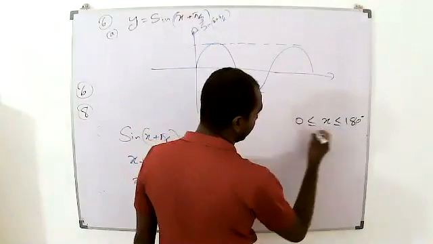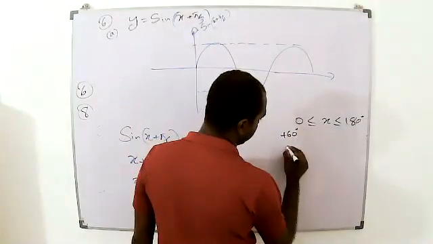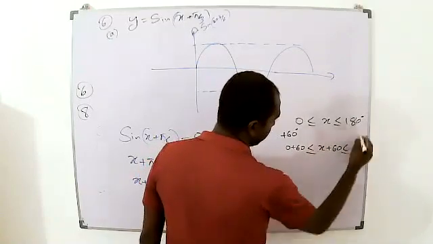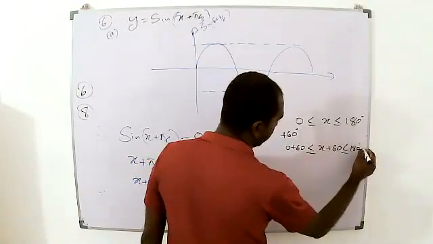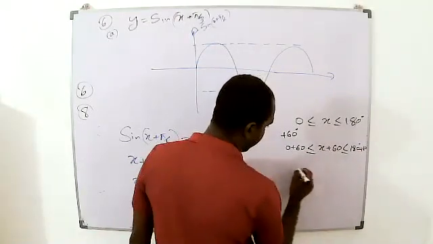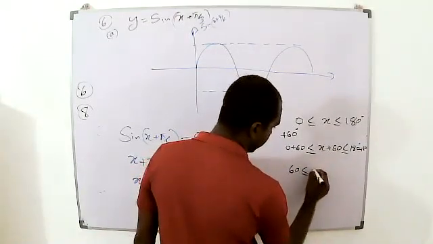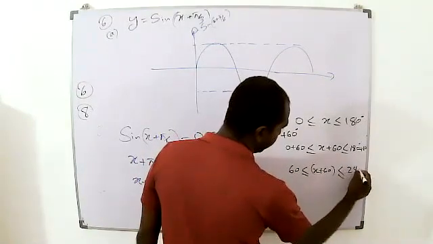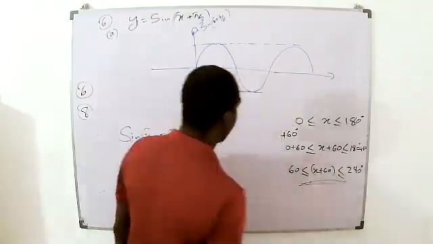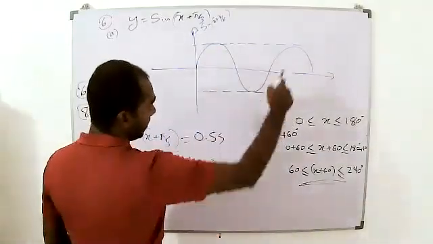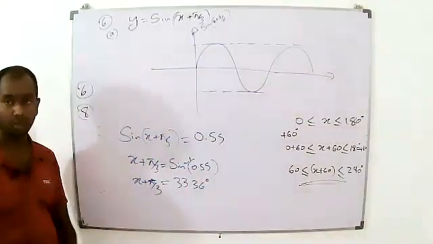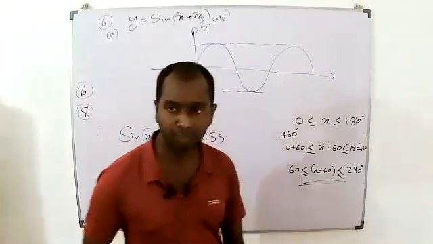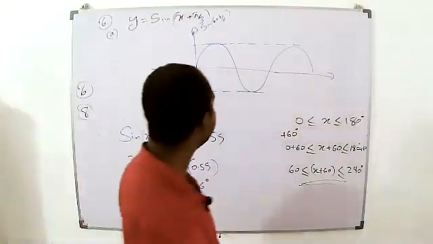So I am going to add 60 to all: 0 plus 60, and 180 plus 60. So our new range should be between 60 and 240 degrees. We will care only about the results that come from 60 to 240. That's what you have to understand.